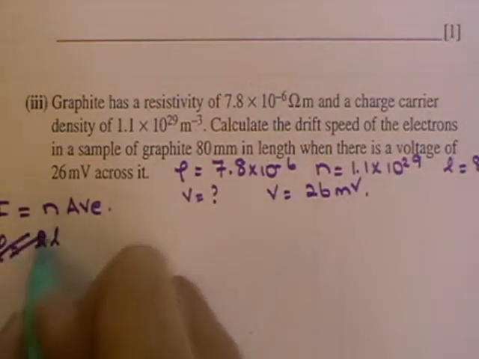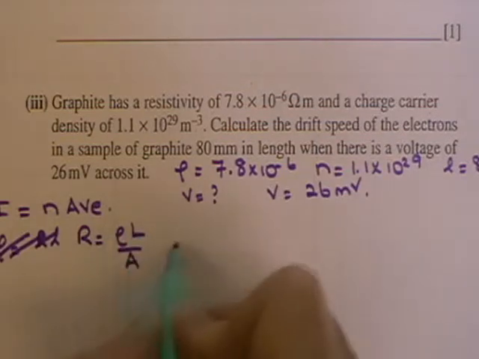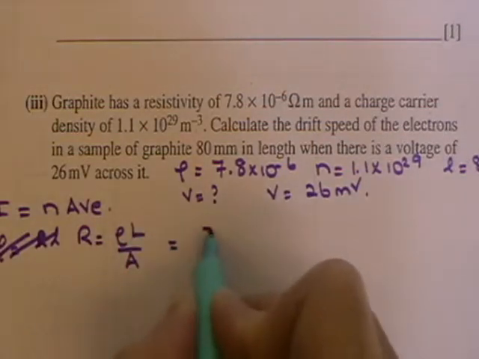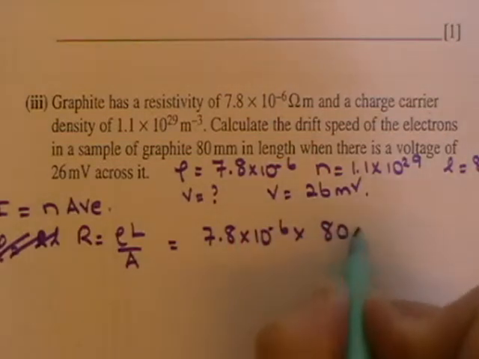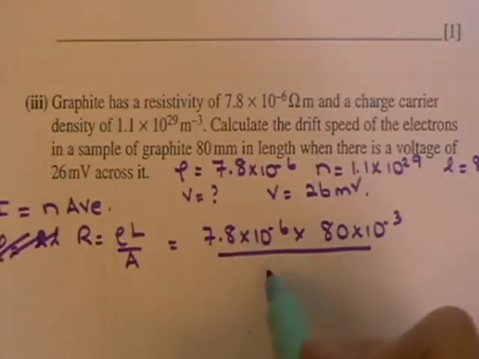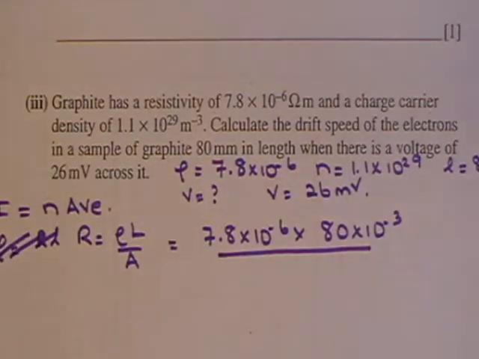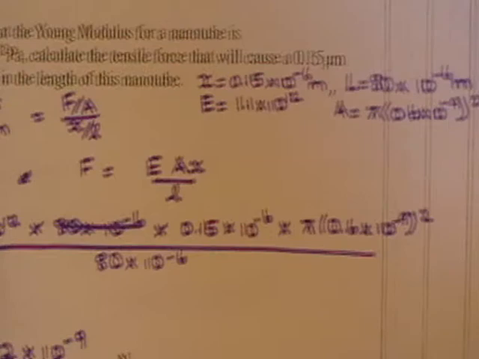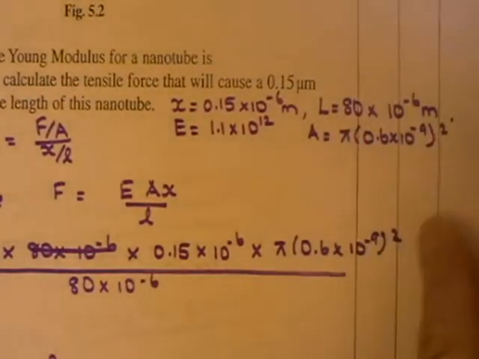See, I've done that the wrong way around. I'm going to do it this way. R is equal to rho L over A, and that's equal to 7.8 by 10 to the minus 6 times 80 by 10 to the minus 3. And then A, that's our calculation from a way back in part C of the question. If I just go back here, there's the area there, pi by 0.6 by 10 to the minus 9 squared, that's it there.